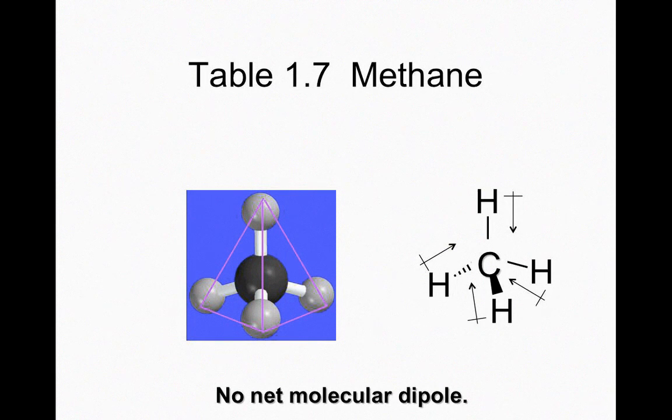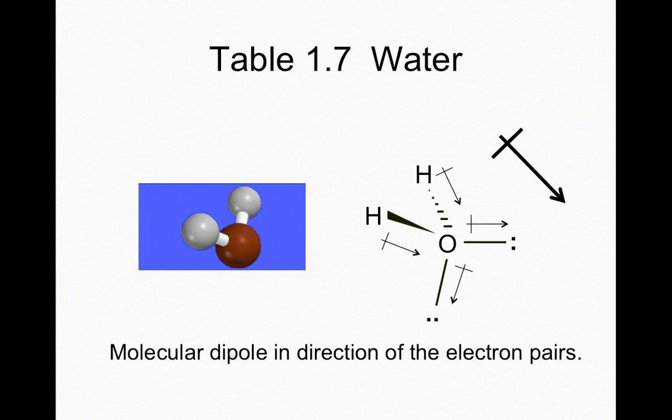Here we see methane with its 4 equivalent CH bonds with dipoles all pointing toward the center carbon. Because the dipoles are symmetrically arranged and cancel each other out, the molecule has no net dipole. In contrast, water contains 2 polar bonds and 2 lone pairs that do not cancel each other out.